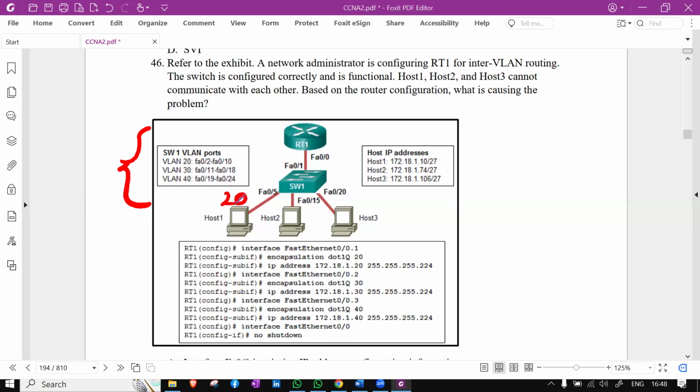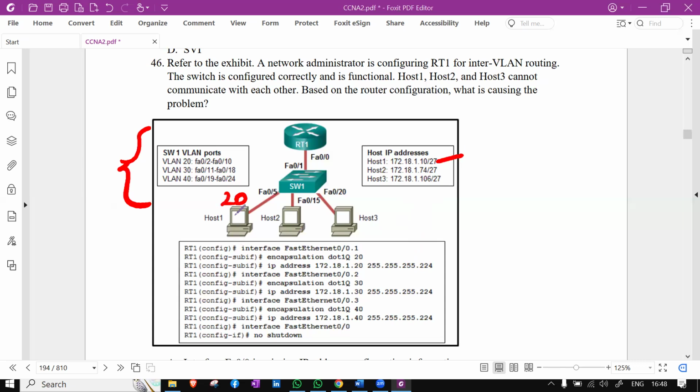Host 1 should have 172.18.1.10/27, but here it was given 1.20. Then we come to VLAN 30, which is FastEthernet 0/11 to 0/18, which is host 2.